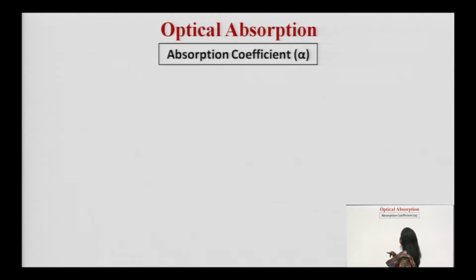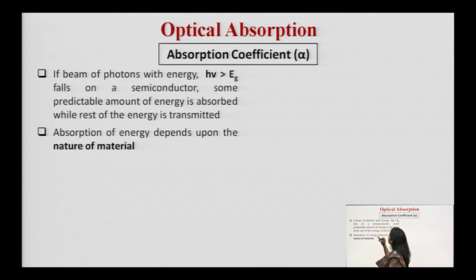How do we calculate the absorption coefficient alpha? You know optical absorption, but if you have to calculate the optical absorption coefficient, how do you write it mathematically? If a beam of photons with energy h nu greater than Eg falls on a semiconductor, as I have shown you, then a predictable amount of energy is absorbed while the rest is transmitted.